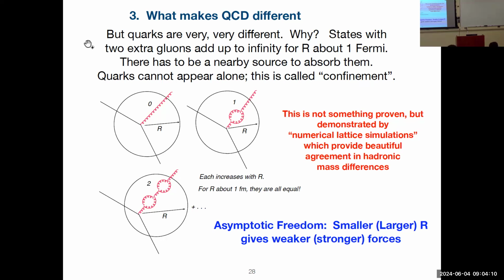We had one formula up on the slides a few slides before, of the general form that says the time that a virtual state lives is equal to h bar divided by the energy of the initial state minus the energy of the virtual state.